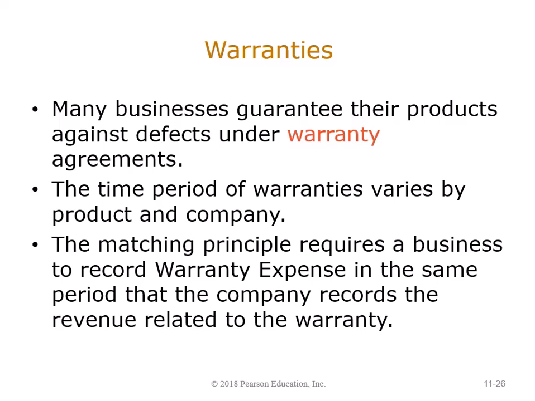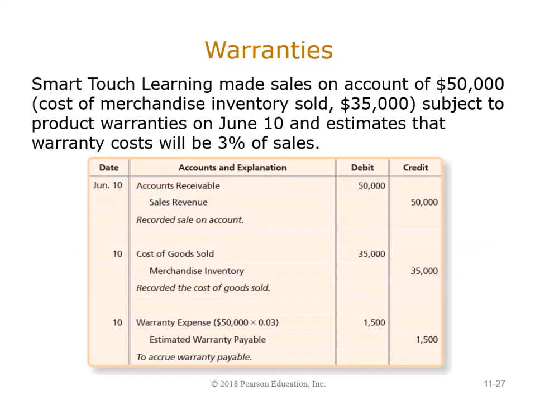So when the customer owns that product, if certain parts break or fail to work within 1 year, the company is going to replace them. Well, at the time they make the sale, they don't necessarily know what portion of these products are going to require replacements or repair work, or whatever else may be included in the warranty. So for that reason, the company is going to have to make some estimates.